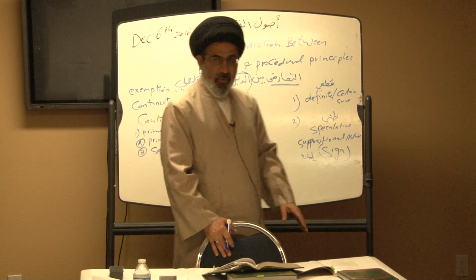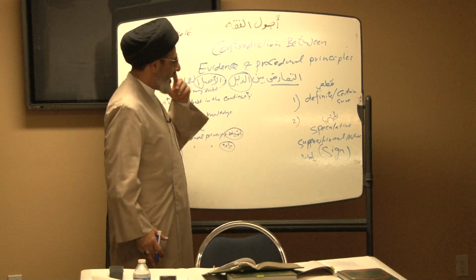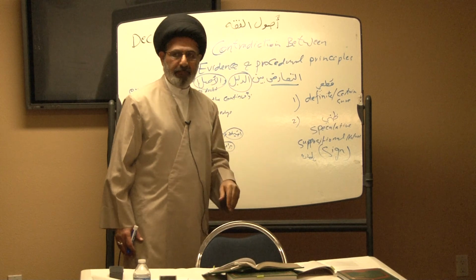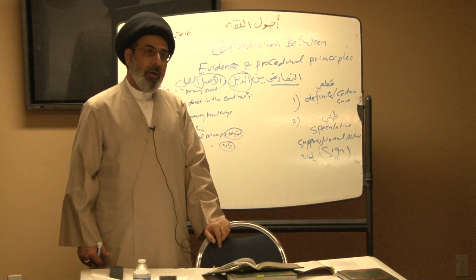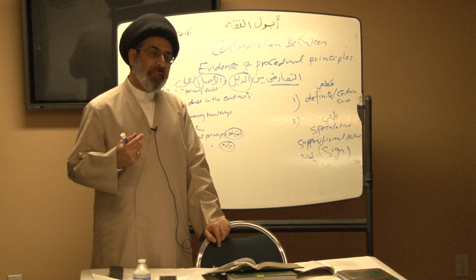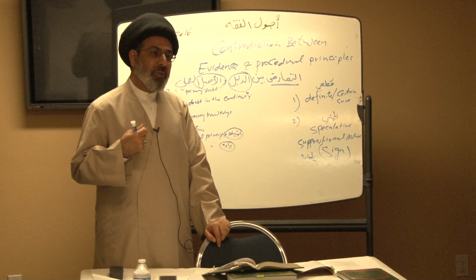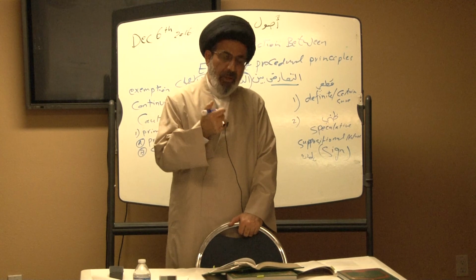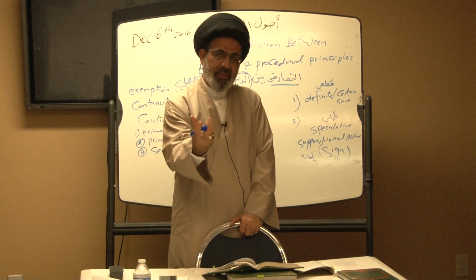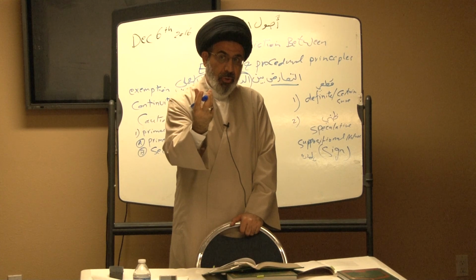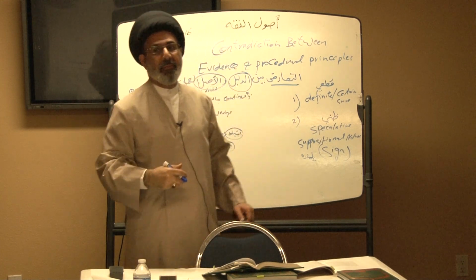Let's say we have now, how many types of evidences we have? Three, but my question is, in terms of the value of the evidence, the worth, the influence, how many we have? One.